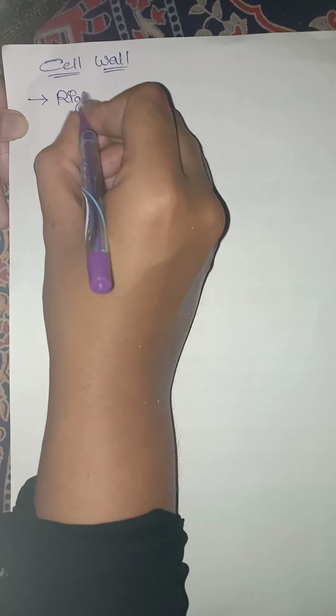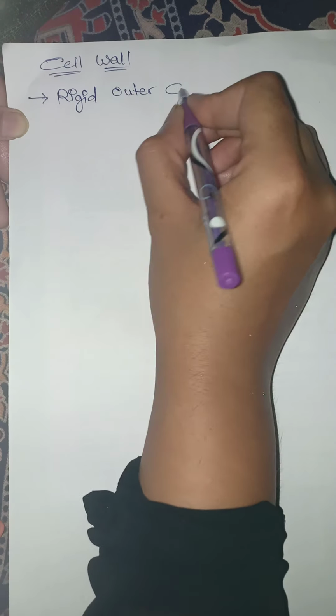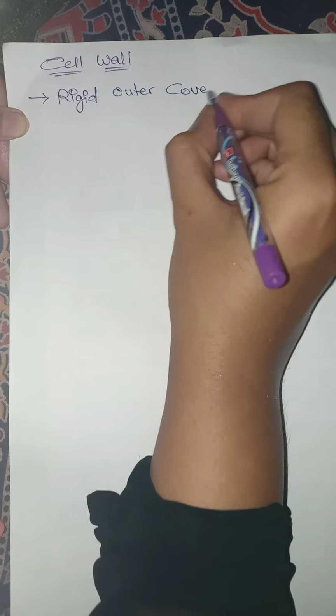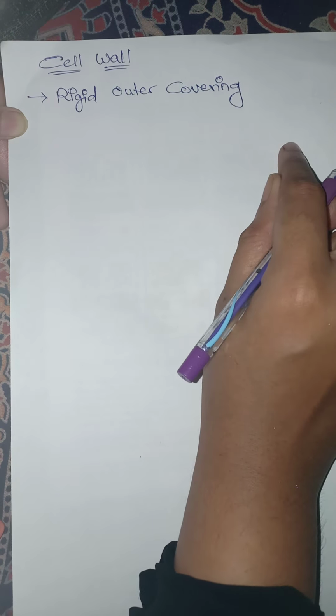When we talk about the characteristics of the cell wall, the first thing is that it is a rigid, hard outer covering of the cell, which is also called the cell wall.